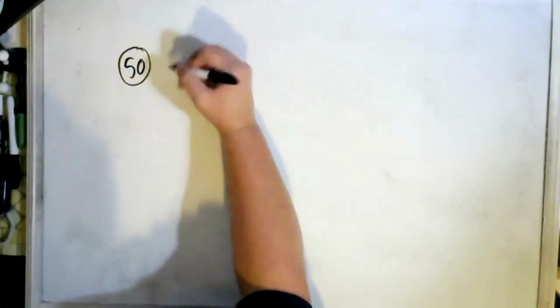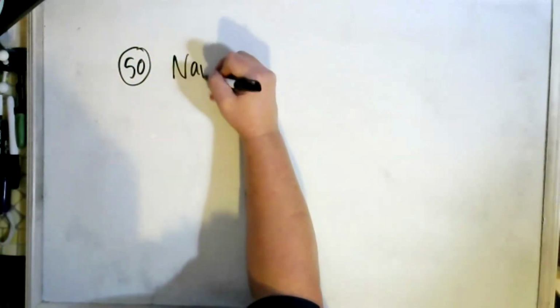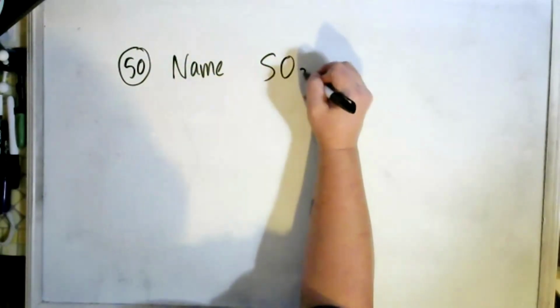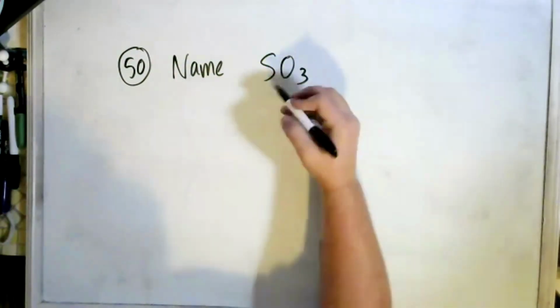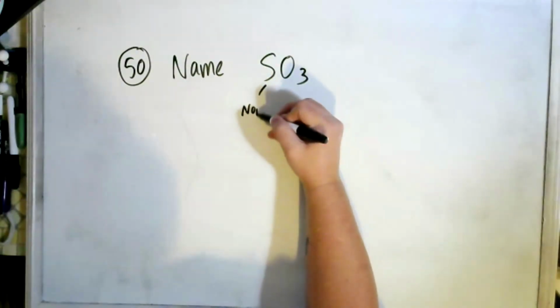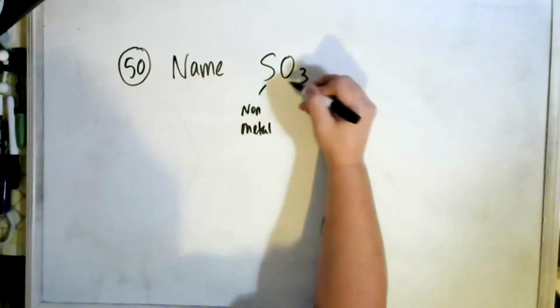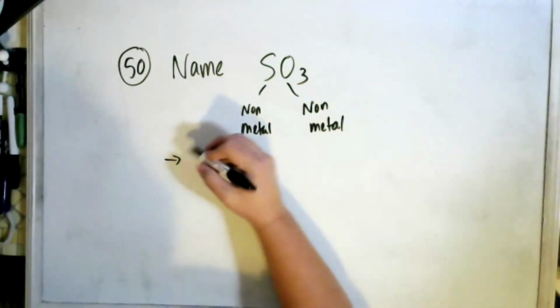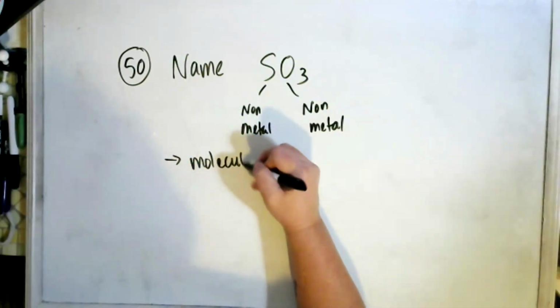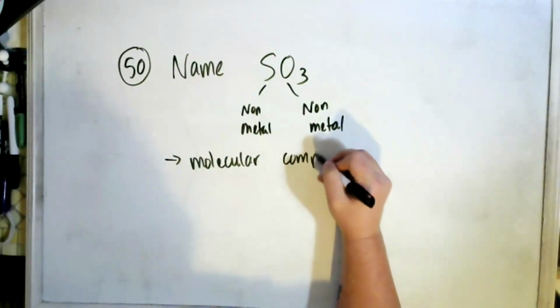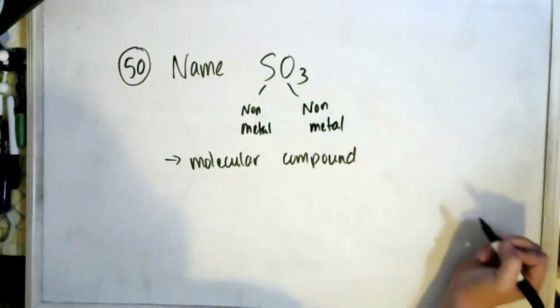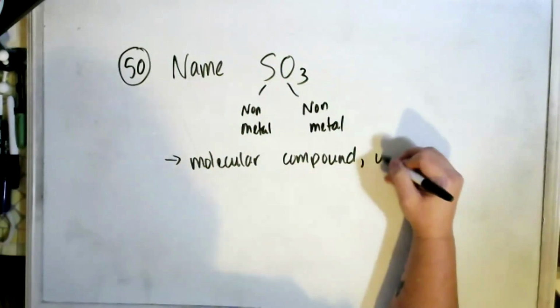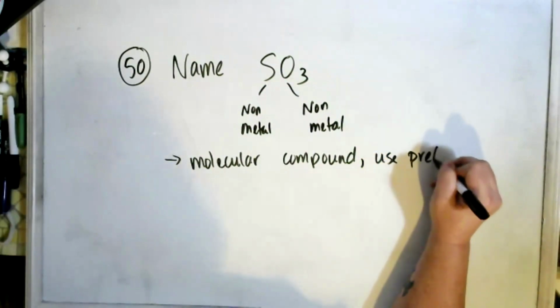Question number 50 is giving us an example of a molecular compound. Okay, we know that this is going to be molecular because we have a nonmetal and another nonmetal. And when we name molecular compounds, we are going to use prefixes.